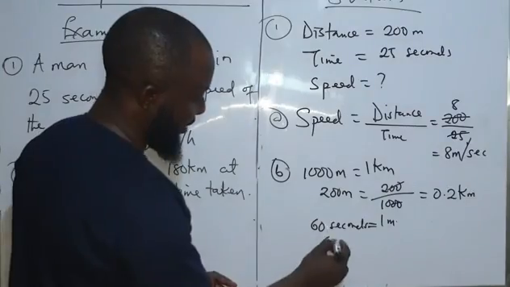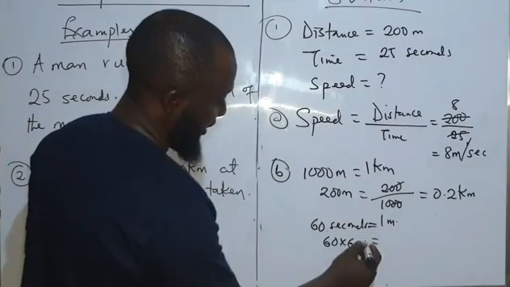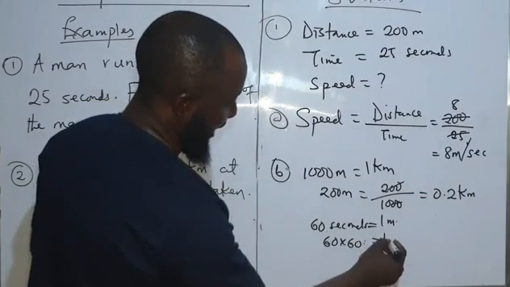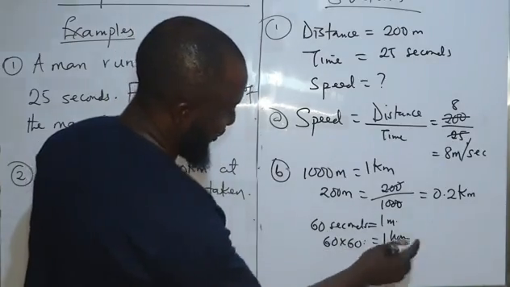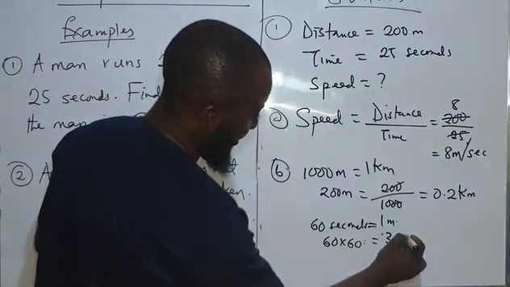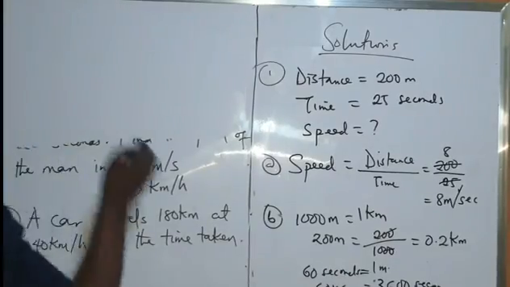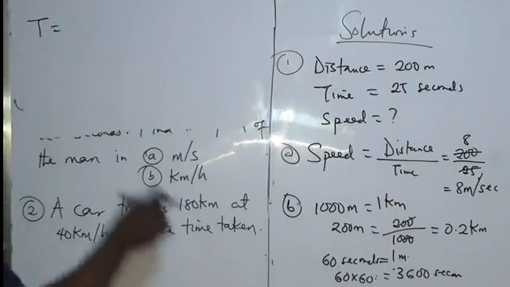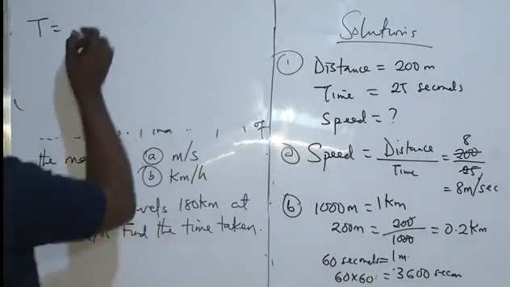That would be 60 multiplied by 60 will give us what? 3,600 seconds.